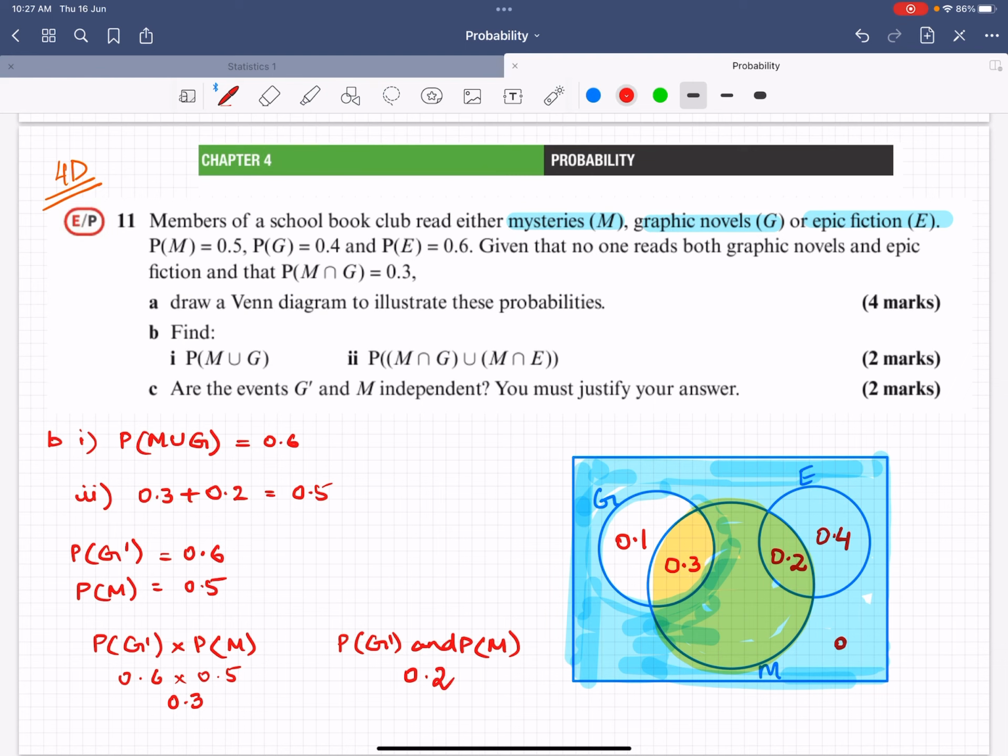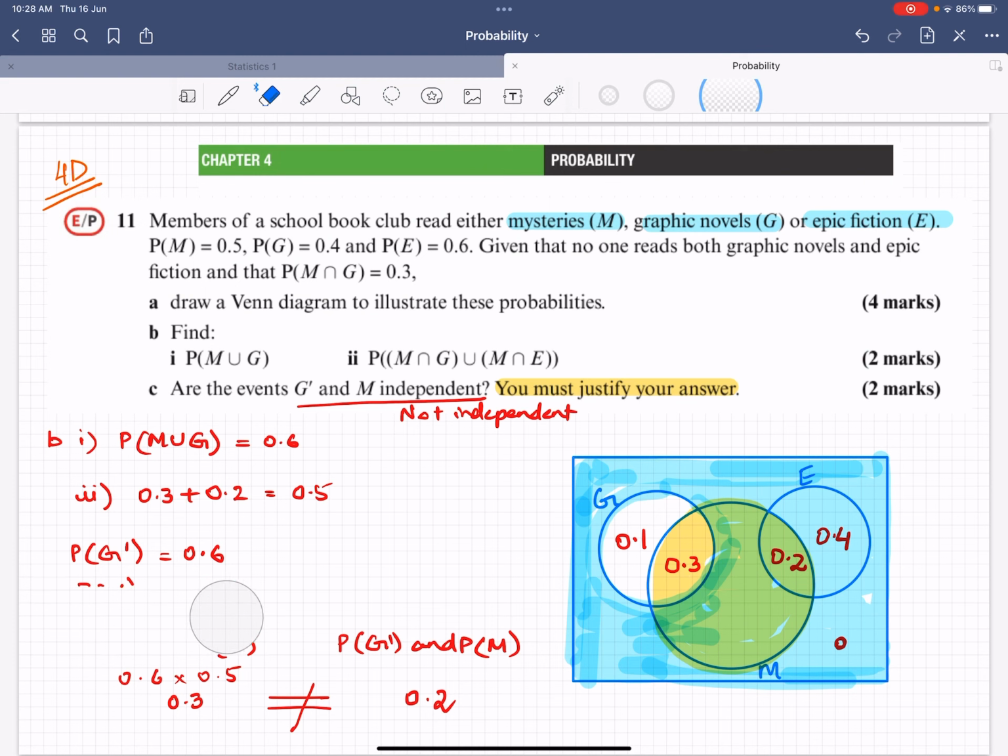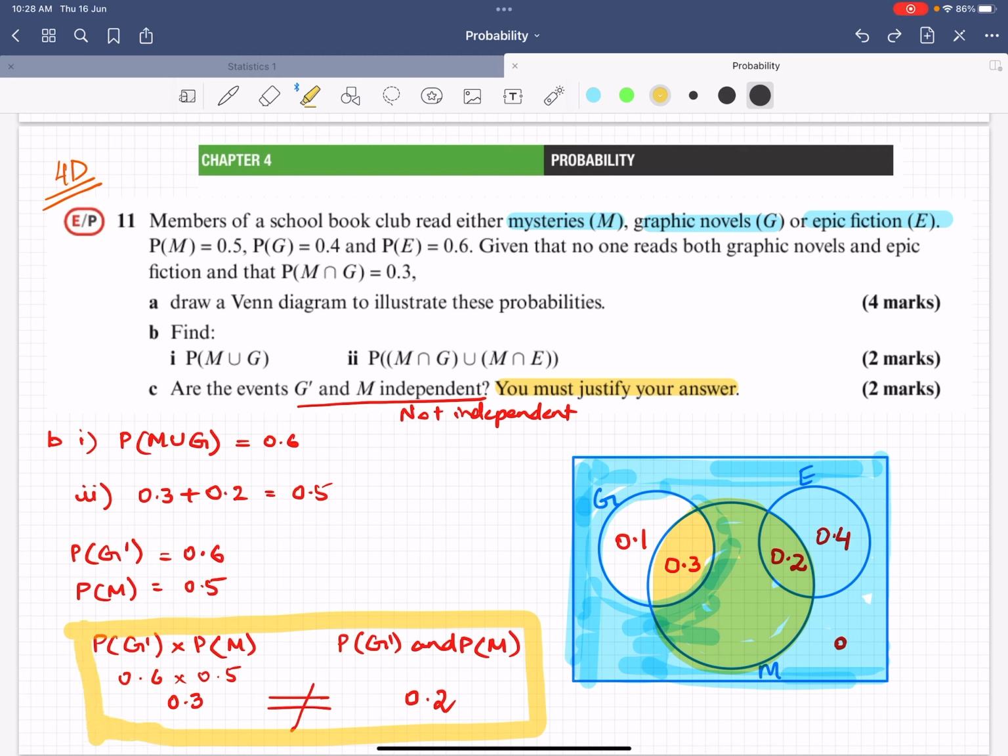Since these two values are not equal, G complement and M are not independent. Okay, so the answer is not independent, and the part where we are asked to justify our answer is using this logic here. Okay, so that's your answer.